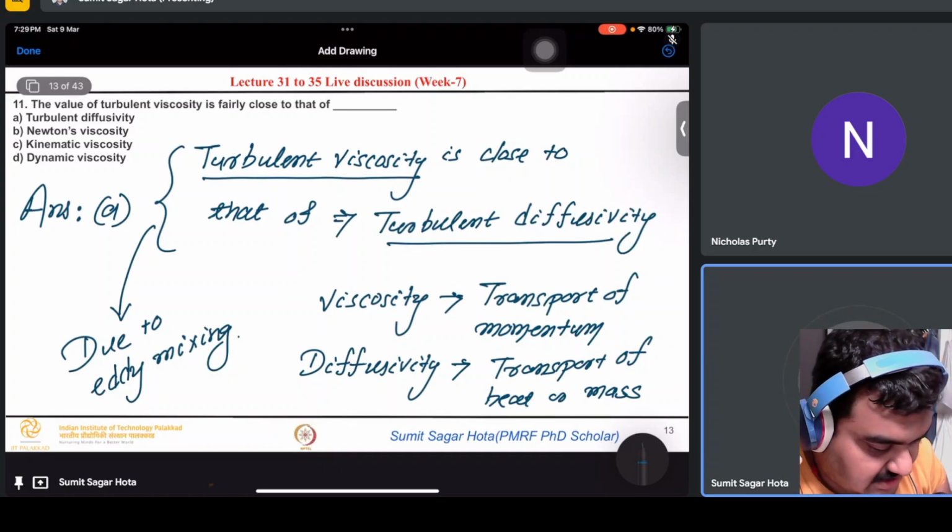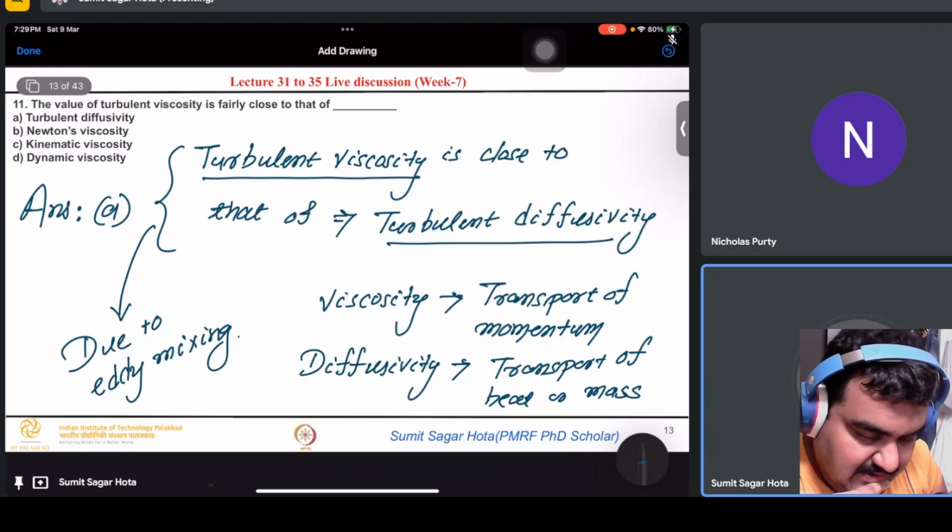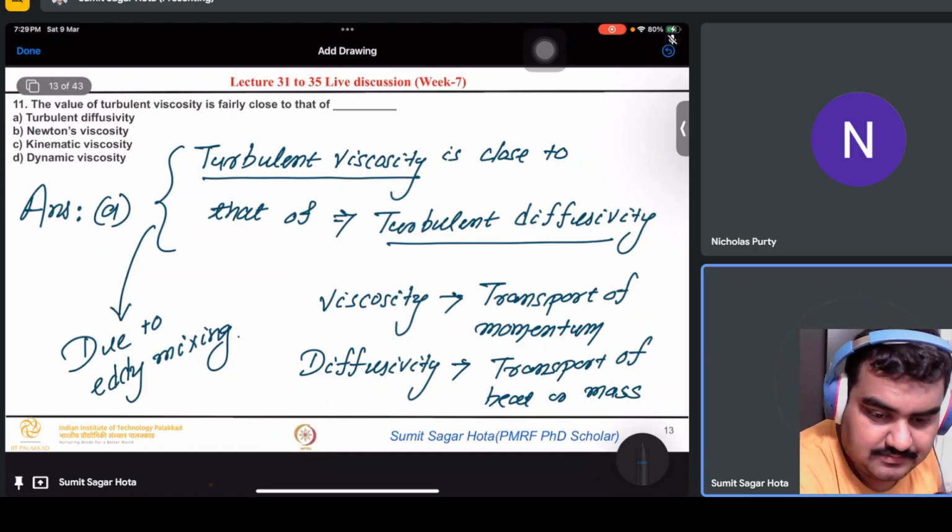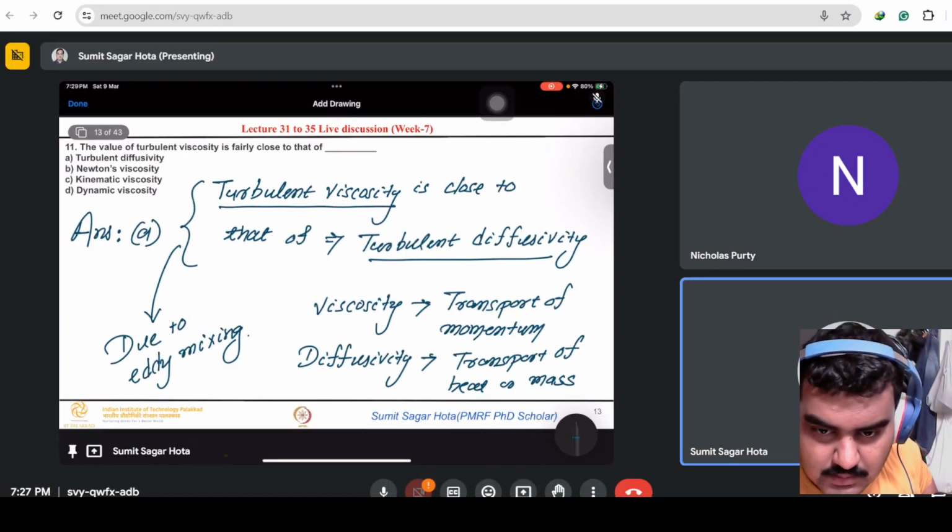The viscosity is the transport of momentum and transport of heat.